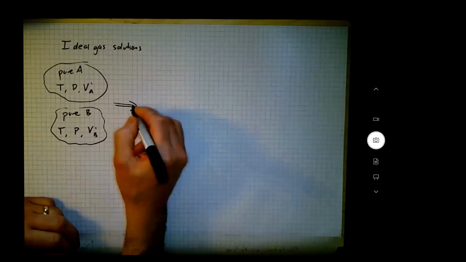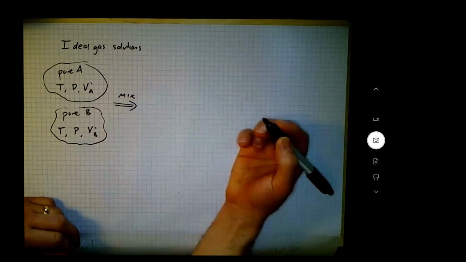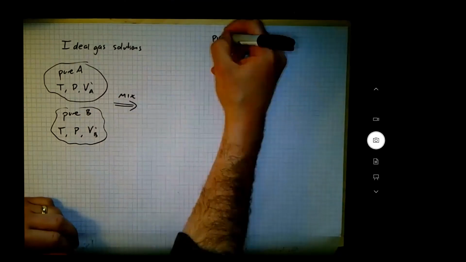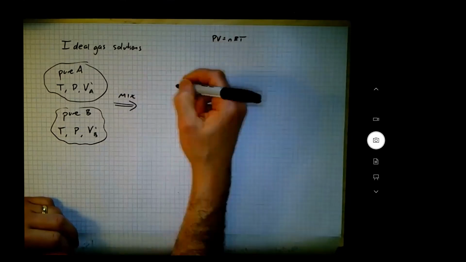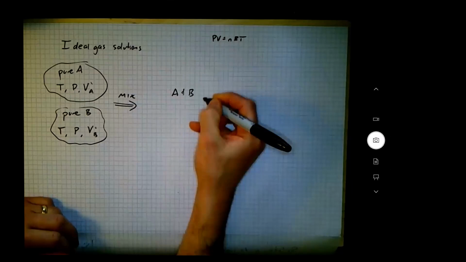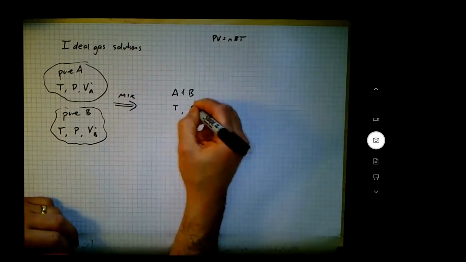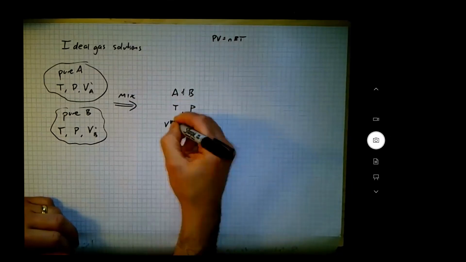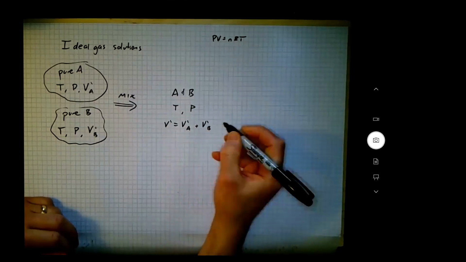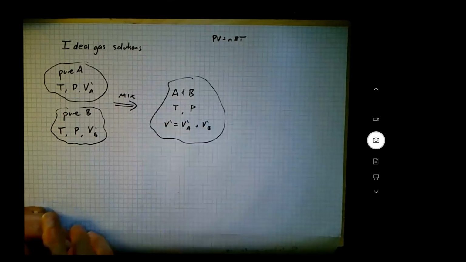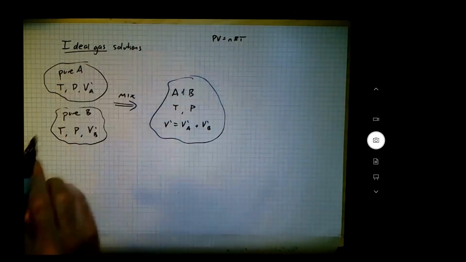And we mix them. If these are ideal gases, PV equals nRT tells us that we get A and B at the same temperature, same pressure, and a total volume that is simply the sum of the two volumes. So this is for ideal gases.